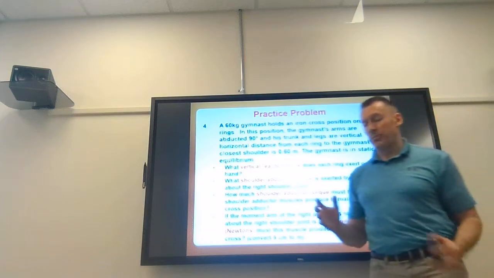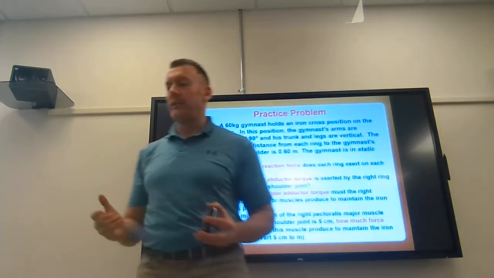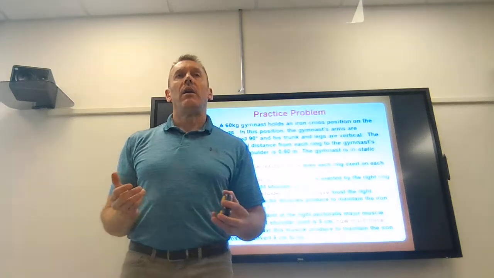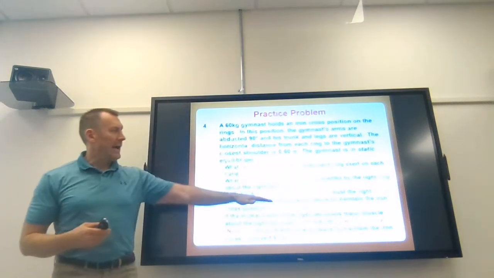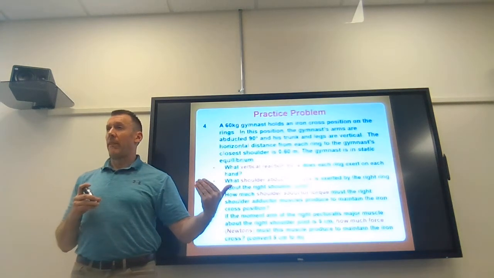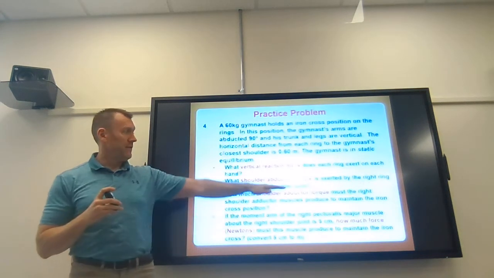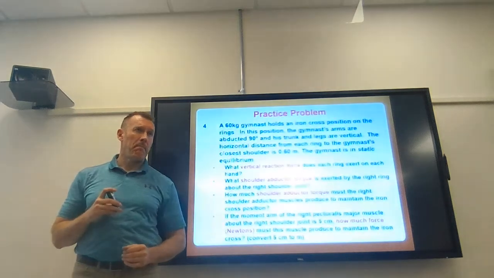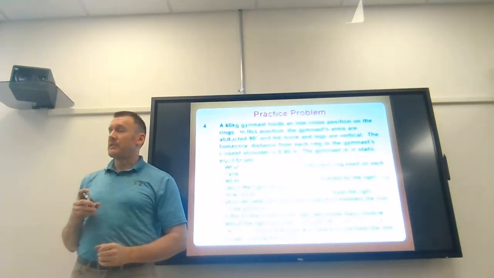Okay, so if this person is in equilibrium, meaning they're not moving, what would you assume the magnitude of shoulder adductor torque would have to be? Wouldn't it have to be the same, just in the opposite direction?